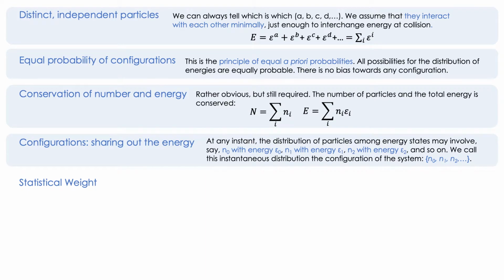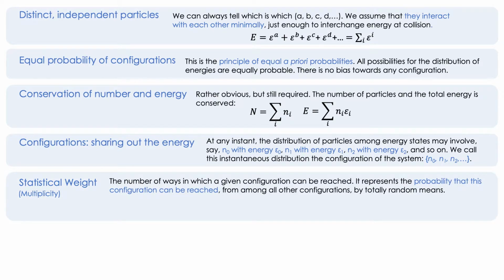So this allows us now to define what we call statistical weight, or the weight of our configuration. It's closely connected to what we called multiplicity in the previous lectures when discussing probability. The number of ways in which a given configuration can be reached is what we call a statistical weight. It represents the probability that this configuration can be reached from among all other configurations by totally random means.